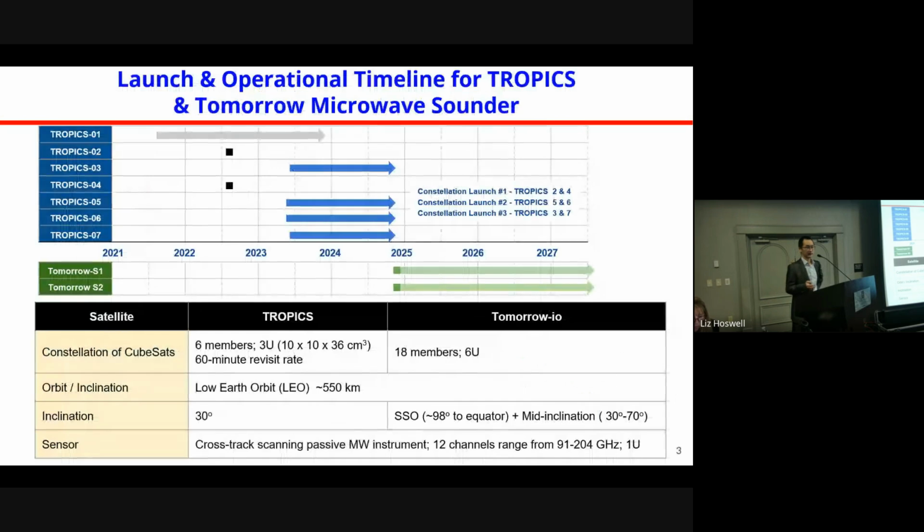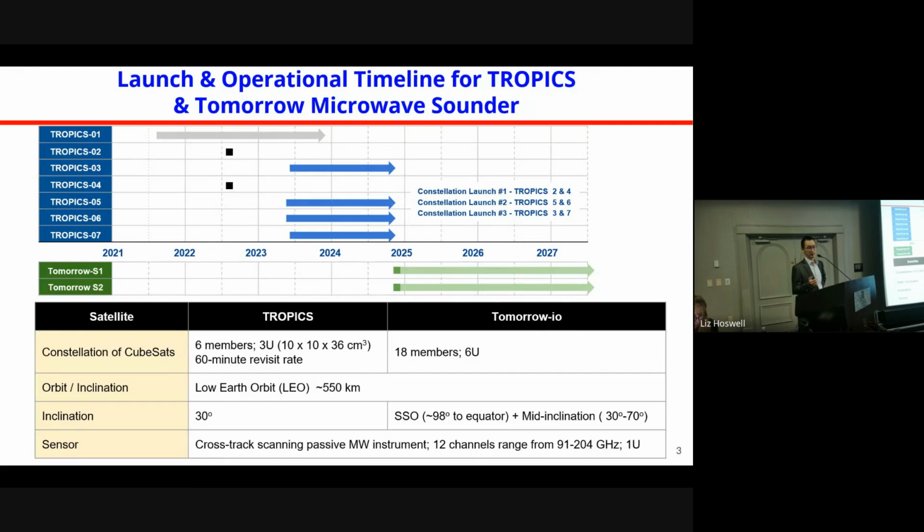Unfortunately, the TROPICS satellites are small satellites that have a relatively short lifespan. Almost all of the TROPICS satellites are going to expire at the end of this year. Why we still need to do this is because TOMORROW.IO is expected to launch at the end of this year, and in the future we are going to have those new satellites.